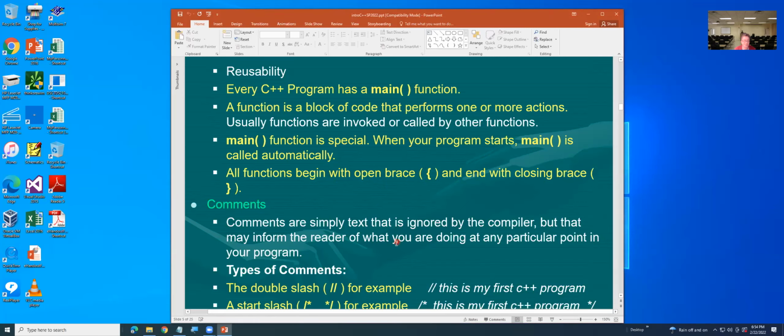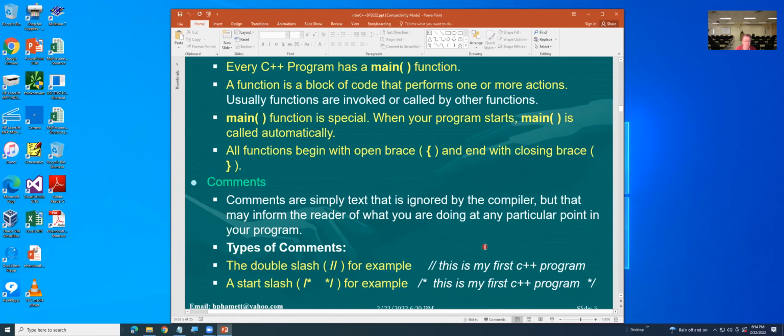Okay, comments. Comments are simply text that is ignored by the compiler, but that may inform the reader of what you are doing at any particular point in your program. Now, there are two ways to put a comment.